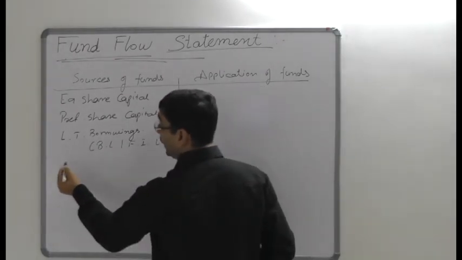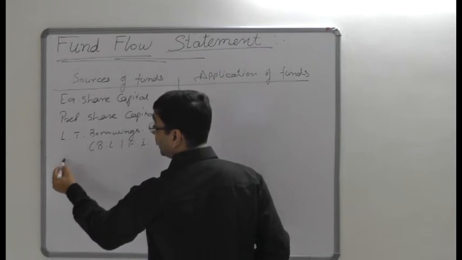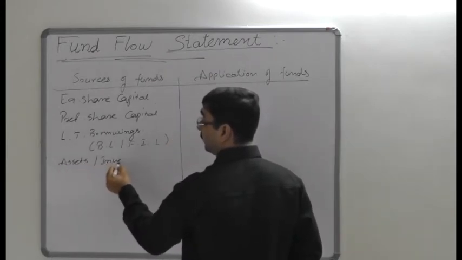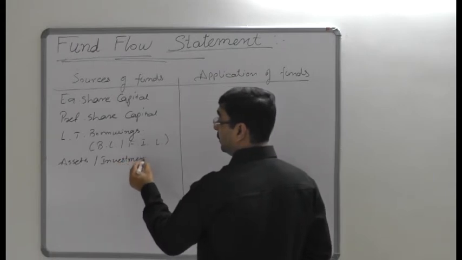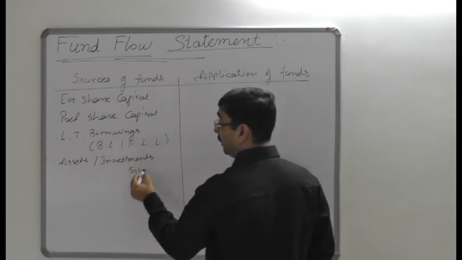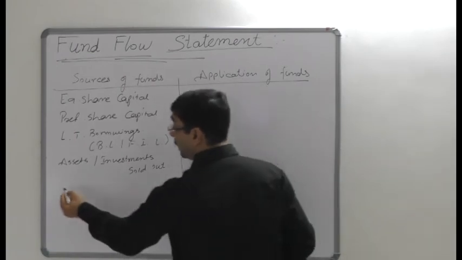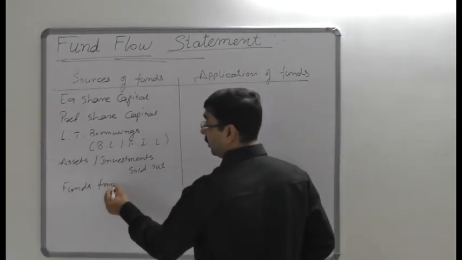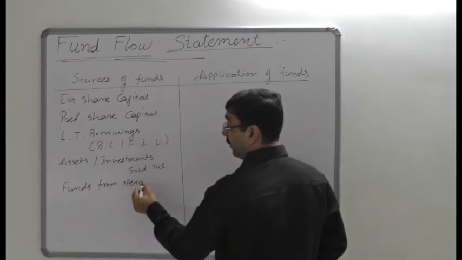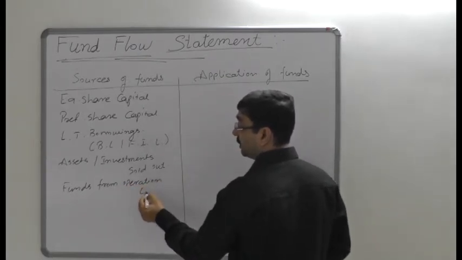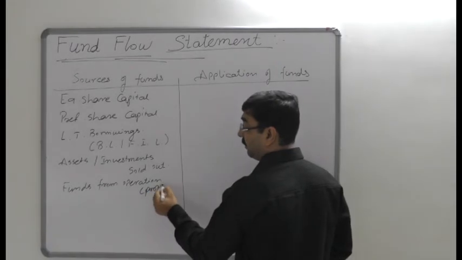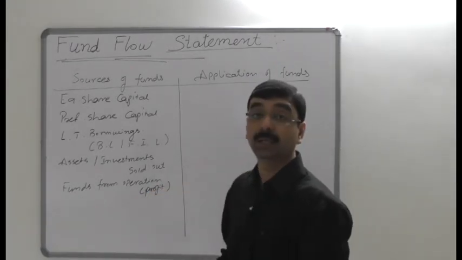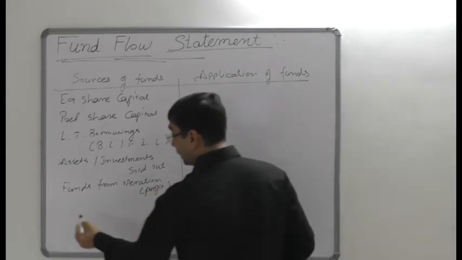In case any assets and investments are sold during the year, then the funds from operations, that means any amount of profit from the profit and loss account. So any profit would also be recorded here in the fund flow statement.